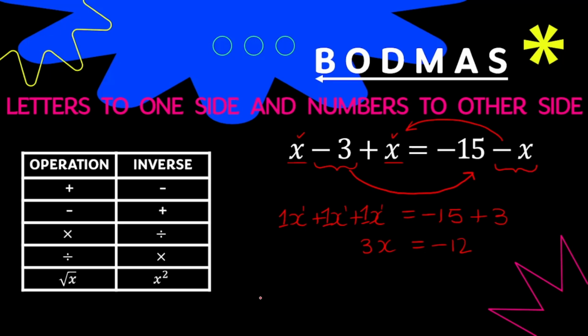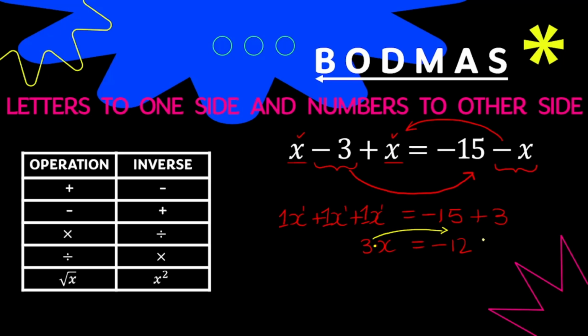12. Now, what is happening between this 3 and this x? Well, a multiplication. Now remember, the whole point is to isolate the x by itself, meaning that 3 needs to go over to the other side. But it's being multiplied on this side. So when I move it over the equal sign, what is the inverse of multiplication?